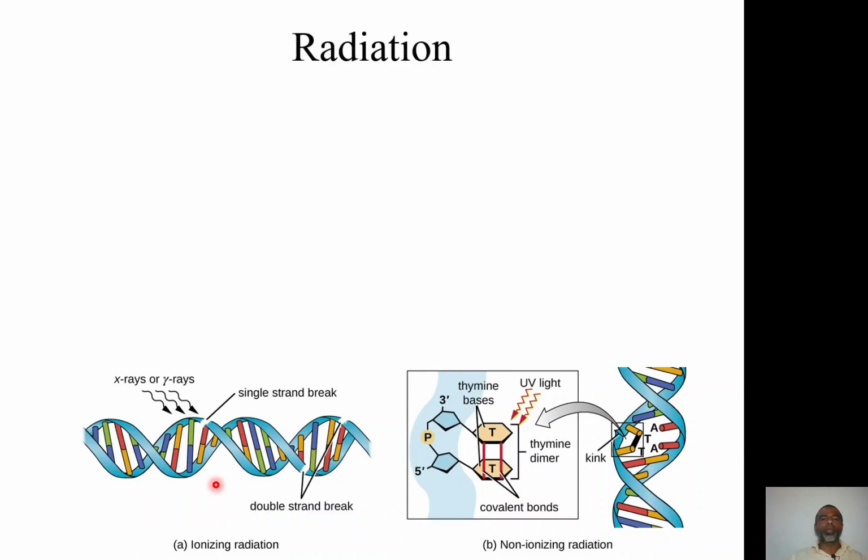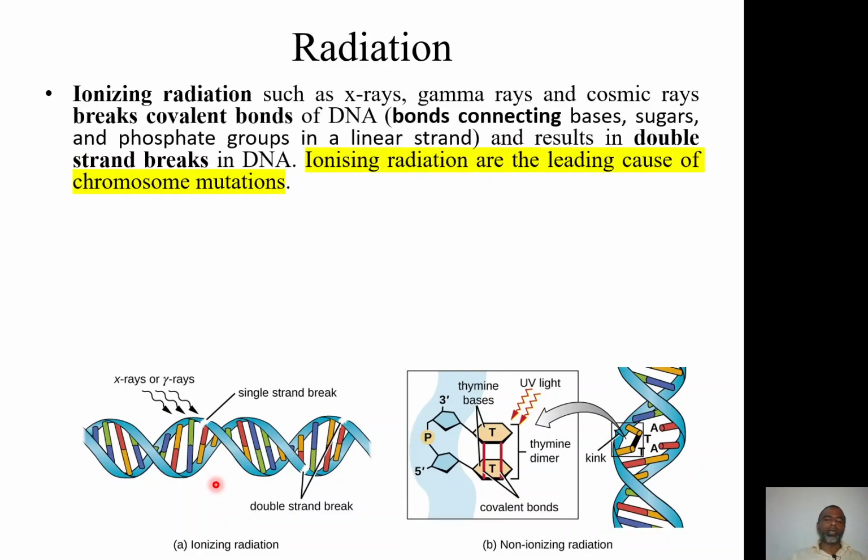And then you have the radiations which affect the DNA. You have two types of radiations: the high energy radiations, which are called the ionizing radiations, such as X-ray, gamma ray, cosmic ray. They break the covalent bonds of the DNA. The covalent bonds of the DNA are the bonds which connect, in one strand of the DNA, the nucleotide base, then the sugar, then the phosphate.